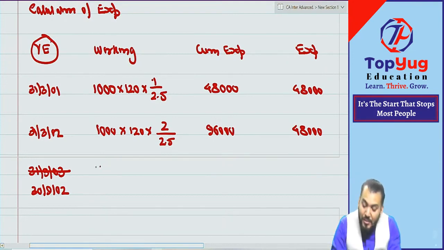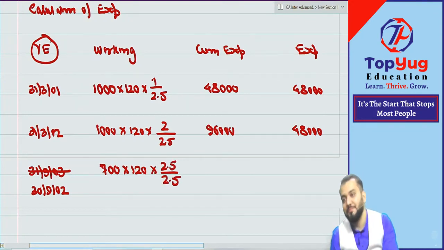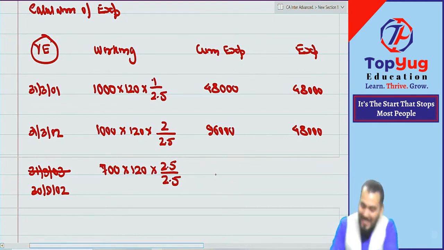So it will be 1000 minus 700 into 120 into 2.5 divided by 2.5. You have done into 3 divided by 2.5. How much? 84,000.